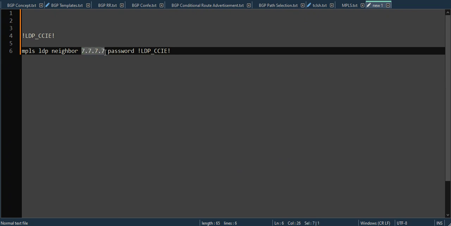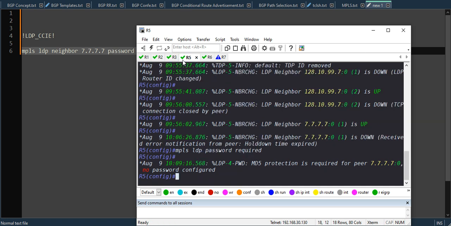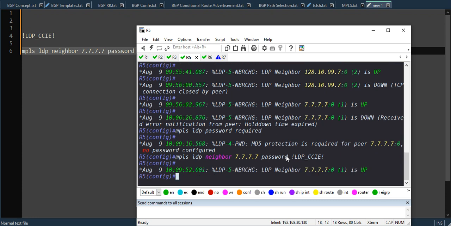It should be R7. This is the same. And R5. Okay, it's up.